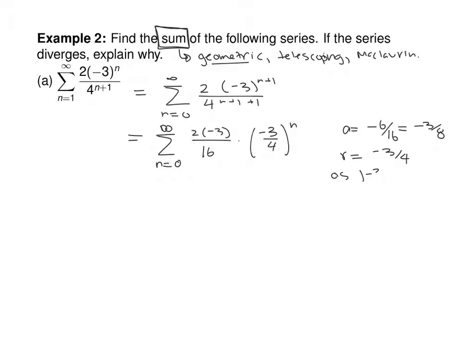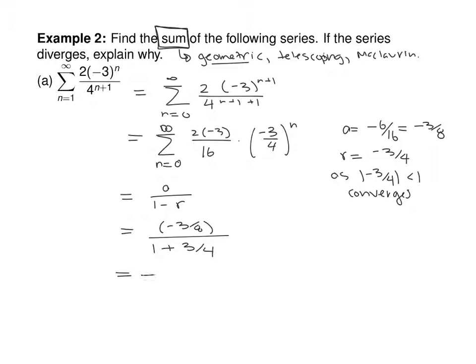And as the absolute value of -3/4 is less than 1, this thing converges to a over 1 minus r, and that is -3/8 over 1 plus 3/4, or -3/8 times 4/7, because the denominator adds up to 7/4. And this simplifies to -3/14. So be able to recognize when you have a geometric series and figure out what it actually converges to.